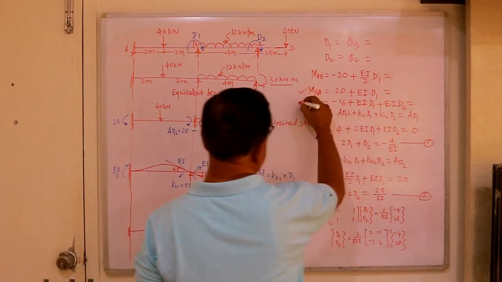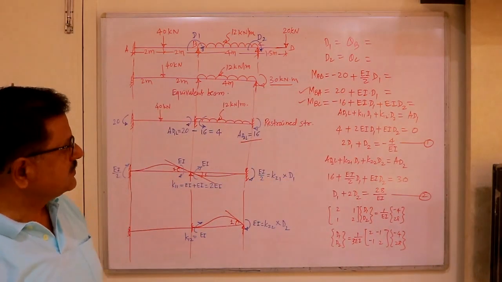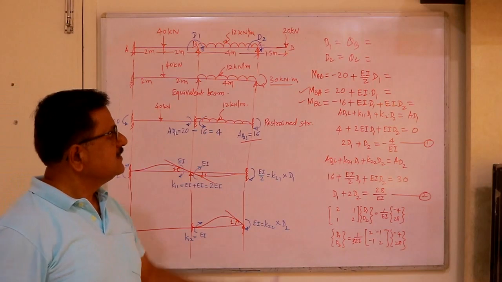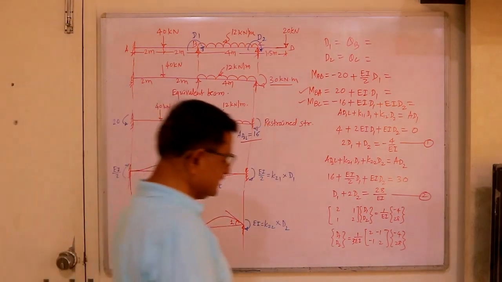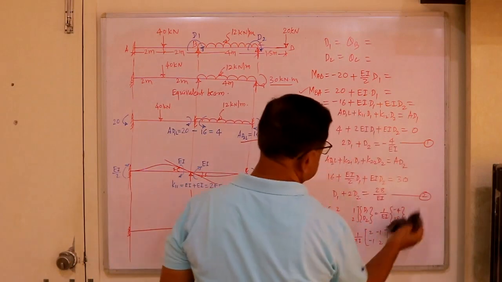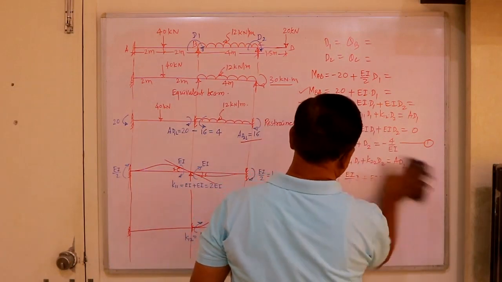So these two you will get equal and opposite. So you find out these moments. After getting this, you just construct the BMD.